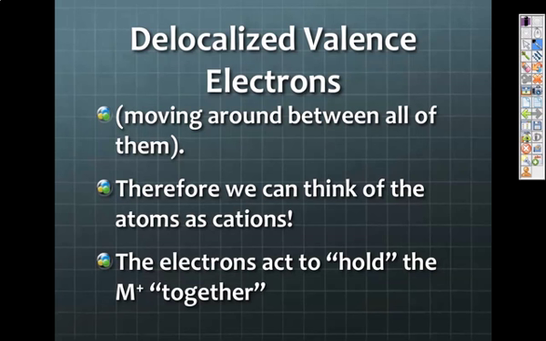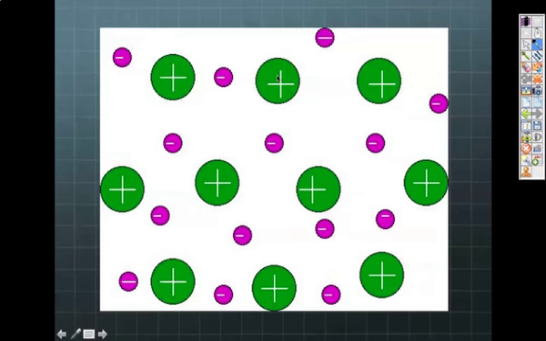So M+ means the metal cation. Okay. So here's another image. So we've got nice orderly cations with the electrons moving around between them.